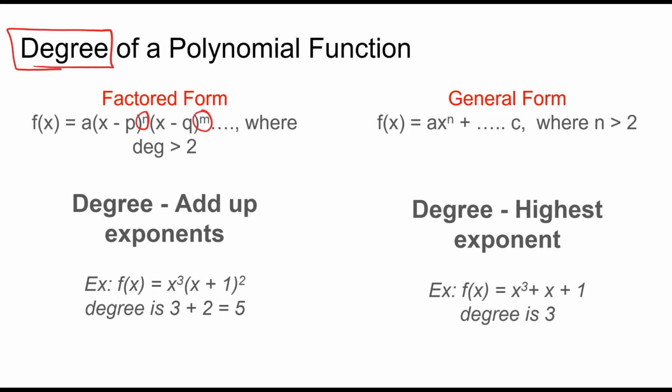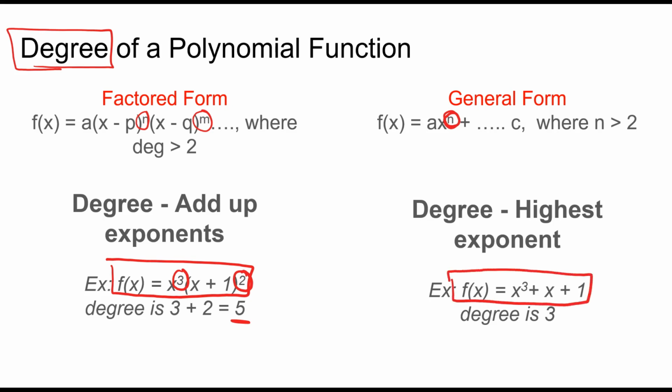So for example, if we're given this function here, the degree would be 3 plus 2, the degree would be 5. But in general form, we simply take the highest degree. So in this function here, it's written in general form. The highest exponent is 3, so the degree is 3.